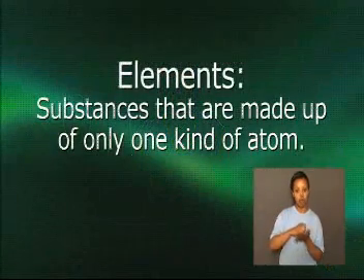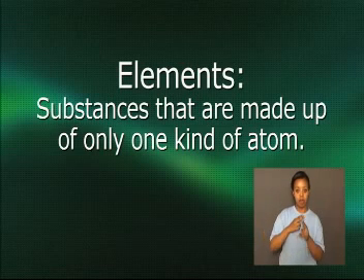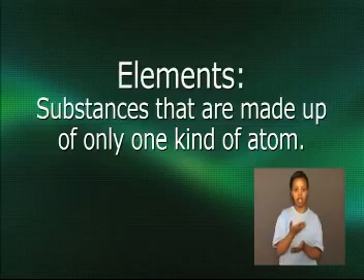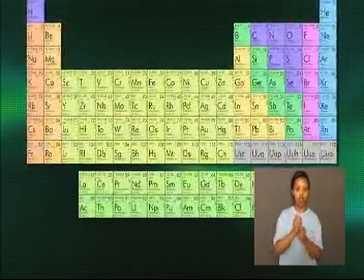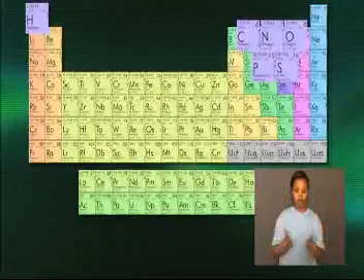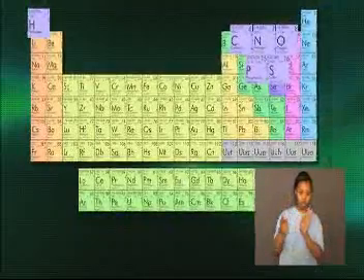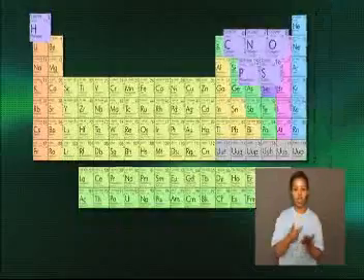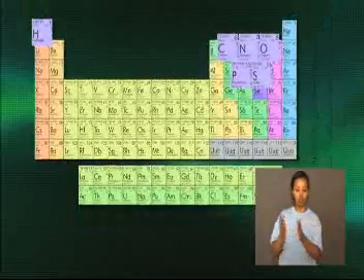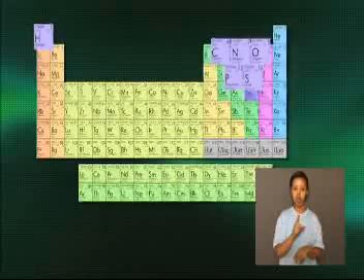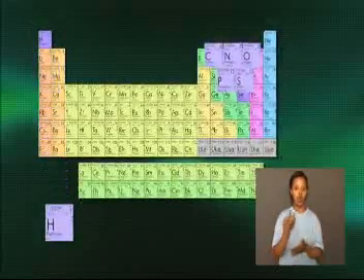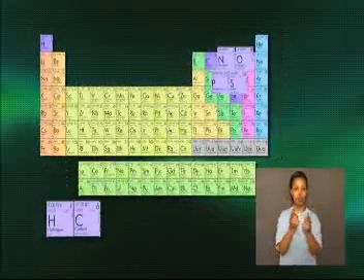Hydrogen, carbon, and nitrogen are a few examples of elements. Elements are substances that are made of only one kind of atom. If we look at the diagram of the periodic table, we can see that the elements are arranged in a way that organizes similar elements in the same column, called a group.